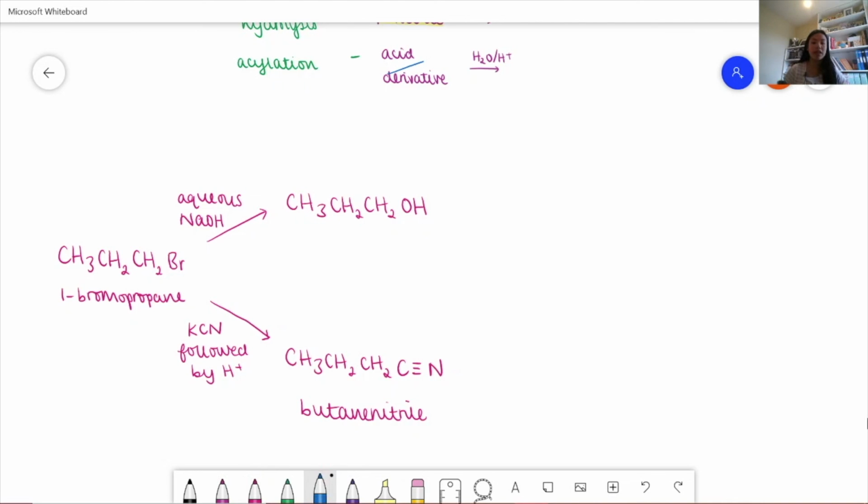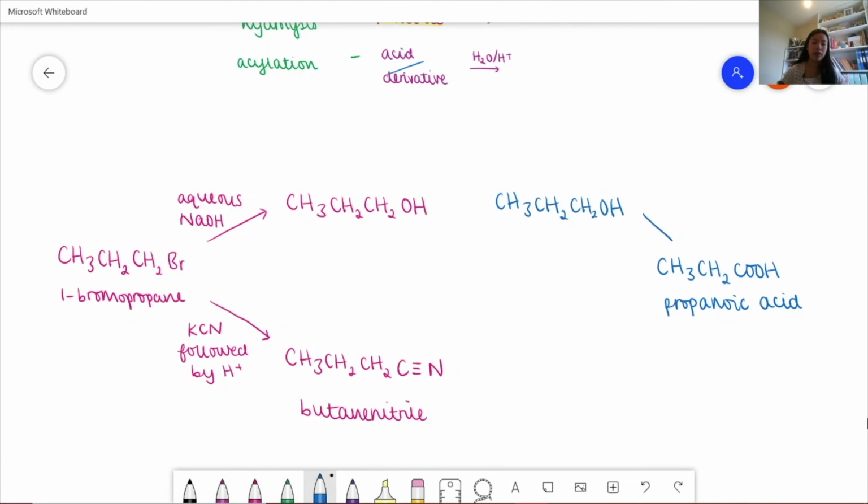So now if we have a look at the other side, which is propanoic acid, which is our target molecule. So we have CH3, CH2, and then COOH. So this is propanoic acid. And we said that we could form this either from a primary nitrile or a primary alcohol. So the primary alcohol would be propan-1-ol. So we'd have CH3, CH2, and then CH2OH.